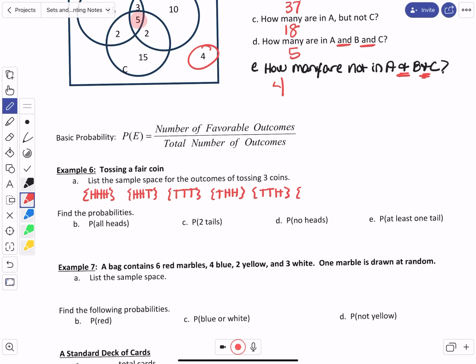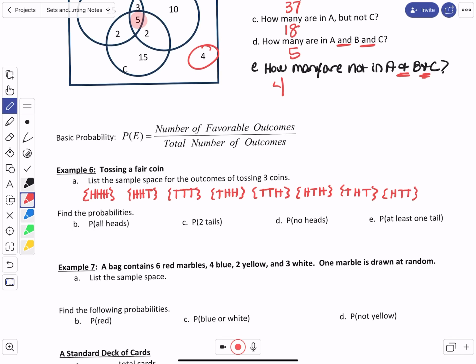You could get heads, tails, heads. You could get tails, heads, tails. And you could get heads, tails, tails. So these are all the possible outcomes that you could get.